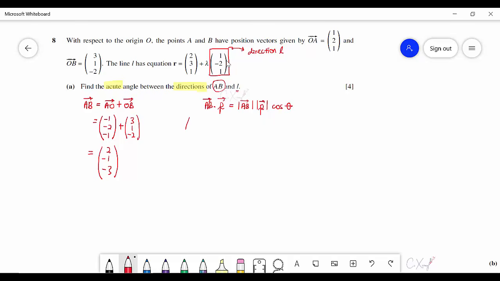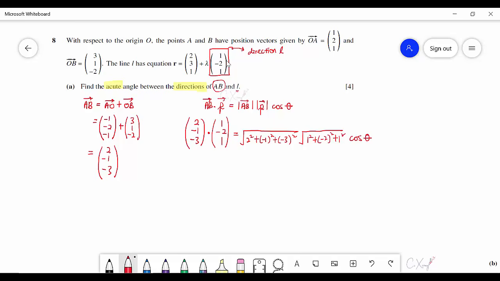AB dot P, I'm having 2, -1, -3, dot P, the direction for P will be 1, -2, 1. Then the modulus: square root of 2 squared plus -1 squared plus -3 squared, and then the square root for P will be 1 squared plus -2 squared plus 1 squared, and then cos theta.